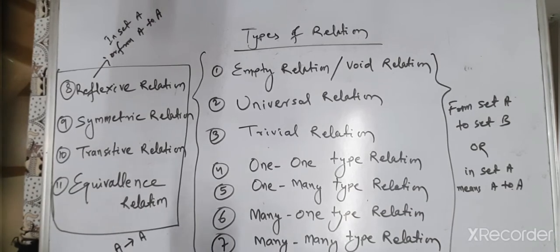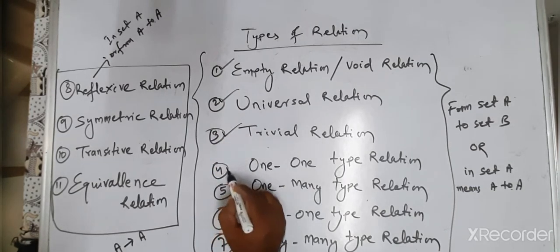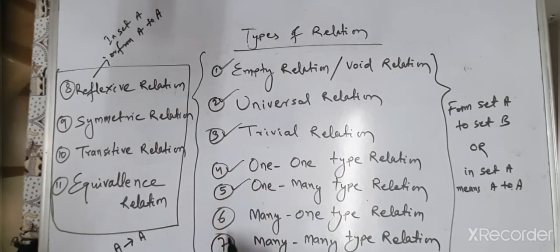Next, we discuss in detail one by one: empty relation, universal relation, trivial relation, one-one relation, one-many, many-one, and many-many type relation.